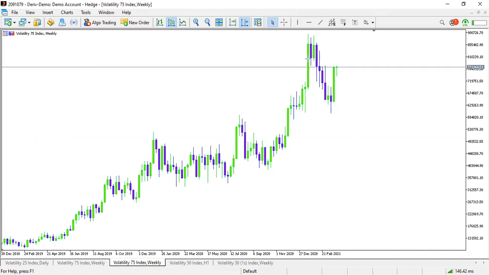If you go to the daily time frame, you can see that we're having a double top here. If price fails to break out from this key level, it will collect some liquidity from here, then price will come back to the downside. It creates a double top on the time frame.